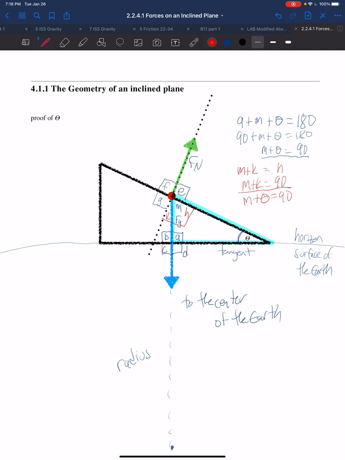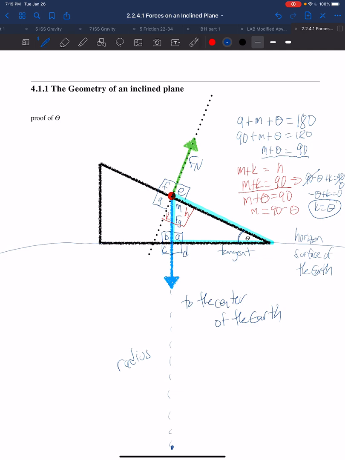In that case, since we have two expressions that have M in them, we can solve the bottom one for M, and we know that then M is 90 minus theta. Now taking this expression and subbing that in, we get M, which is 90 minus theta, plus K equals 90. Subtracting 90 from both sides gives us negative theta plus K equals 0. So if negative theta plus K equals 0, then K equals theta.